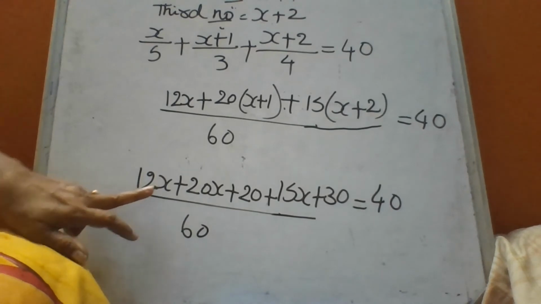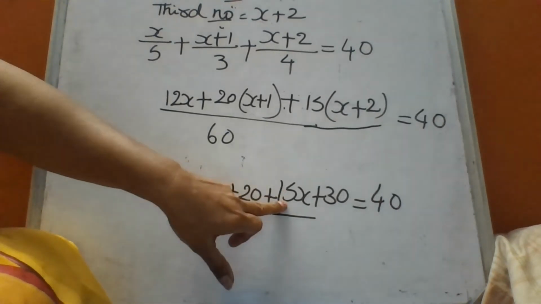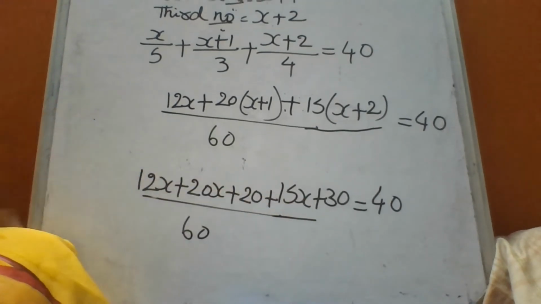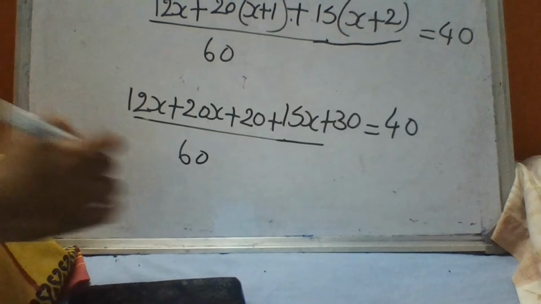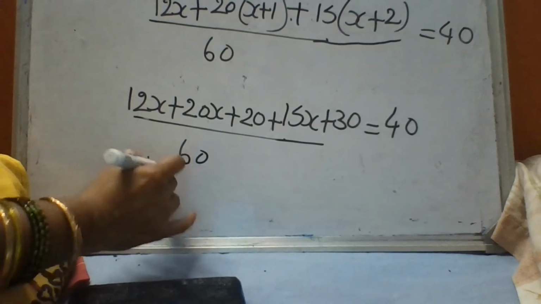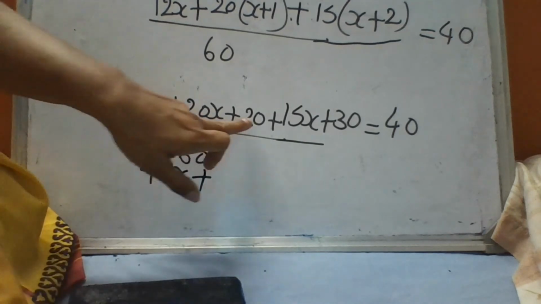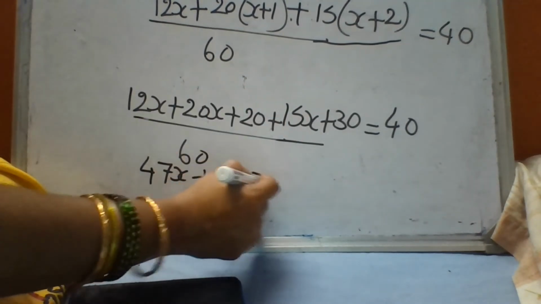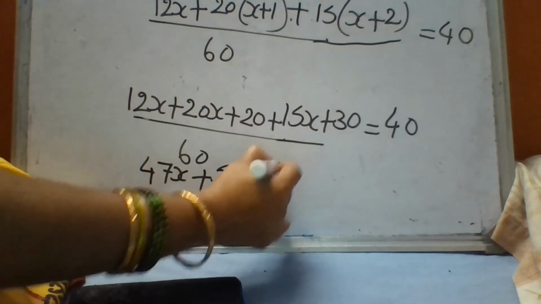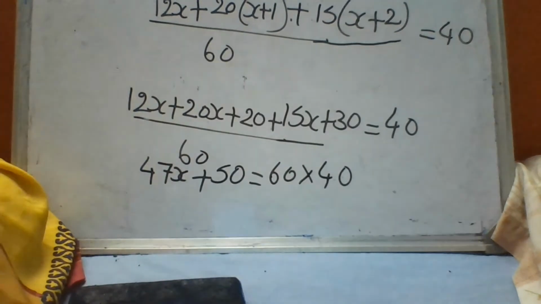If you add 12, 20 and 15, you get 47x, plus you have 20 plus 30, you get 50, and taking 60 to the right hand side, 60 into 40.